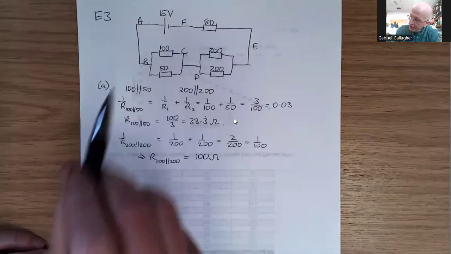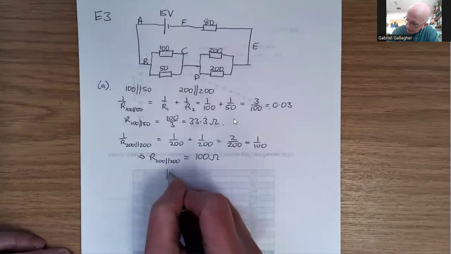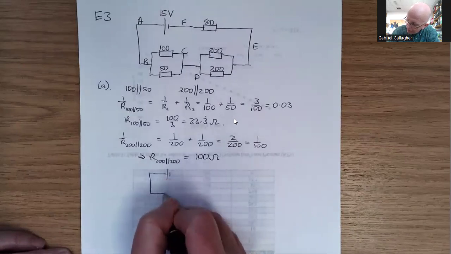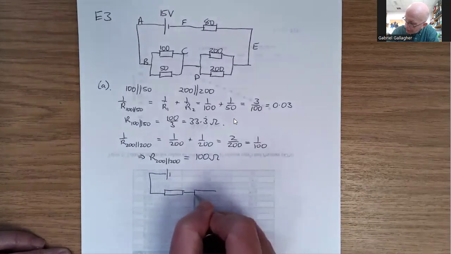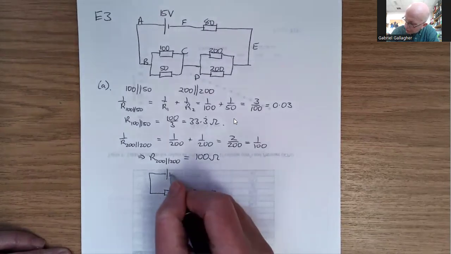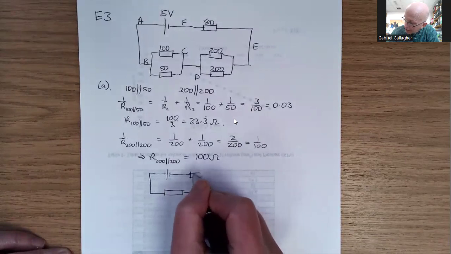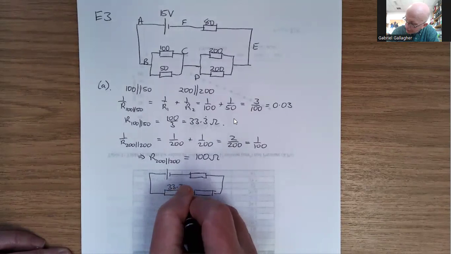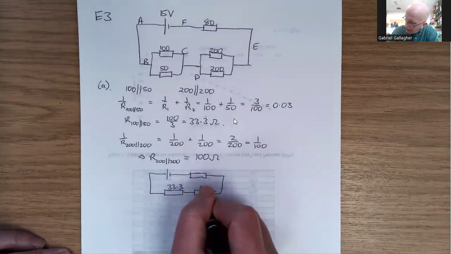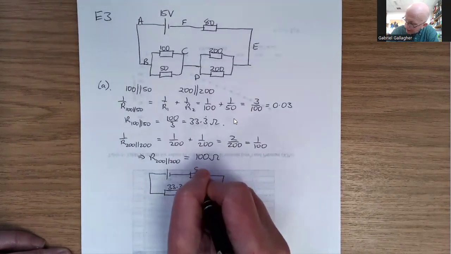Now we can redraw our circuit diagram. We have a 33 and a third ohm resistor, a 100 ohm resistor, and then of course the 80 ohm resistor up here. So 33.3, 100 and 80.